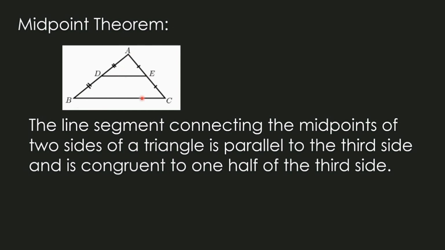So, DE is the segment connecting the midpoints of the two sides of a triangle and is parallel to the third side and congruent to 1/2 the third side. So, this DE is 1/2 of the measure of BC. So, that is the statement of the midline theorem.